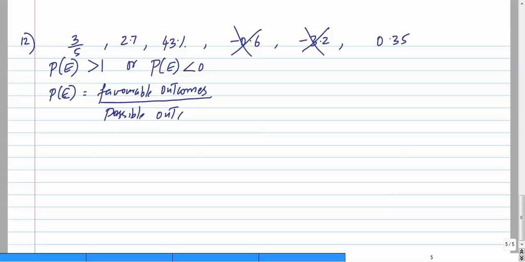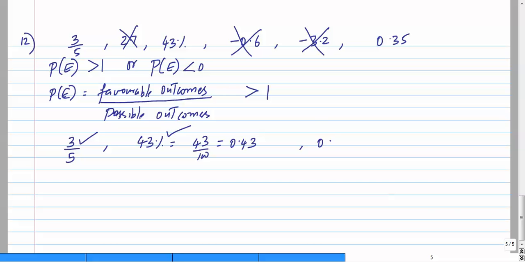This means that the numerator can never be more than the denominator, so the probability can never be greater than 1, and we can rule out 2.7. So 3 upon 5 is valid. 43% is 43 upon 100, that is 0.43. Again this is valid. The next case, 0.35, is also valid.